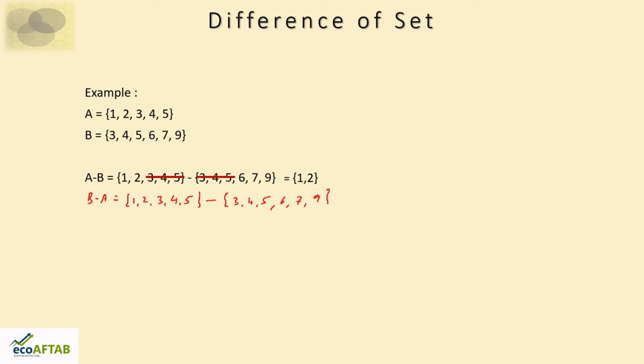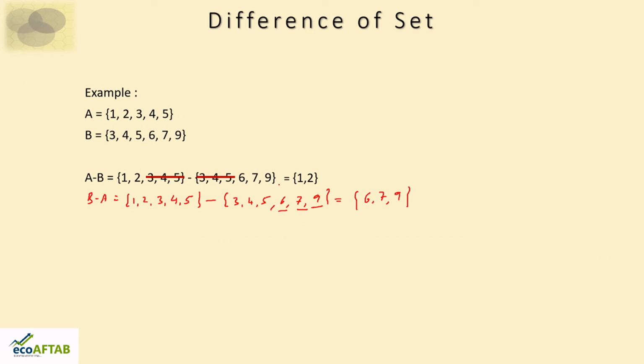We can see here, when A minus B, 1 and 2 are not there in B. Similarly, for B minus A, we see that there are 6, 7 and 9 which are not there in A. So B minus A becomes 6, 7, 9.